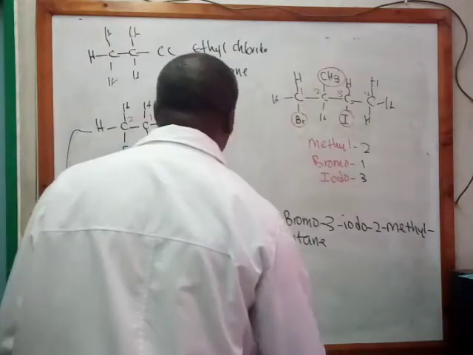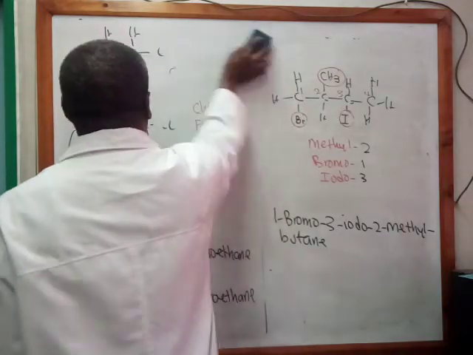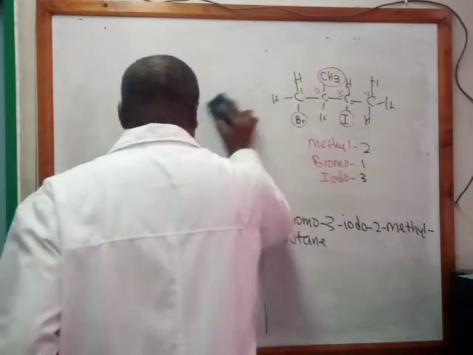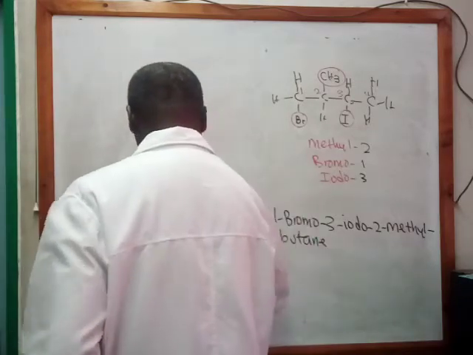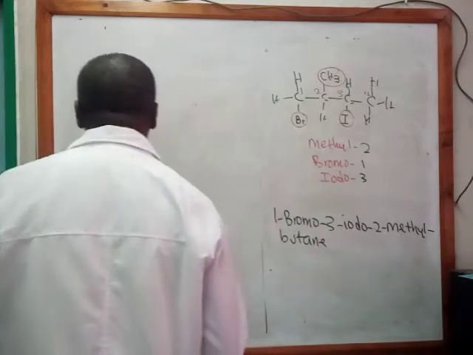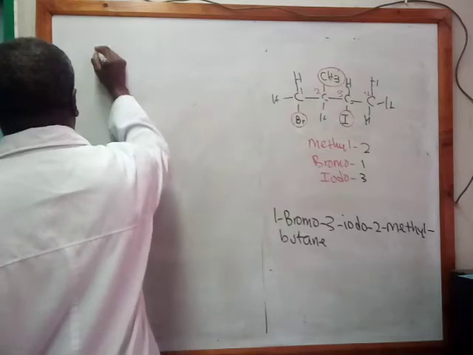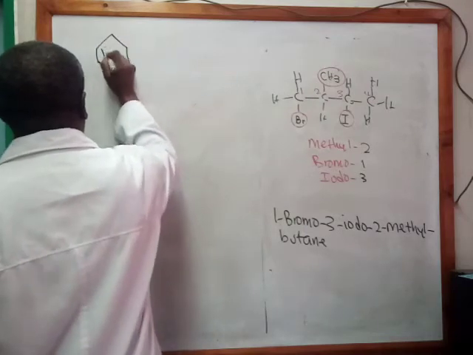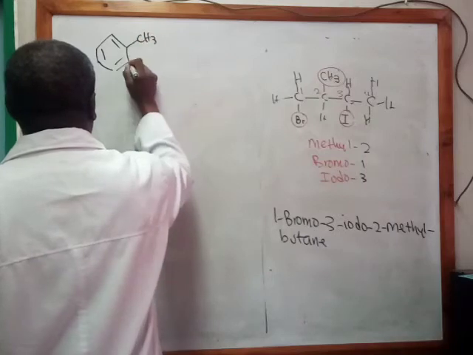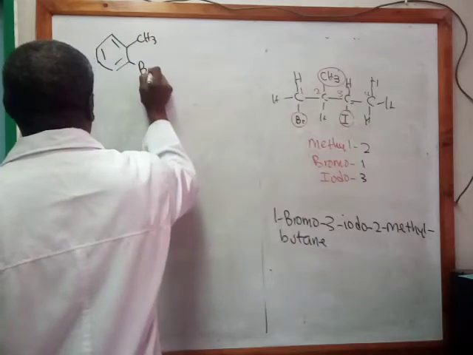So let me mention something about the ones containing the benzene group. There is CH3, and probably there is a bromide group there.